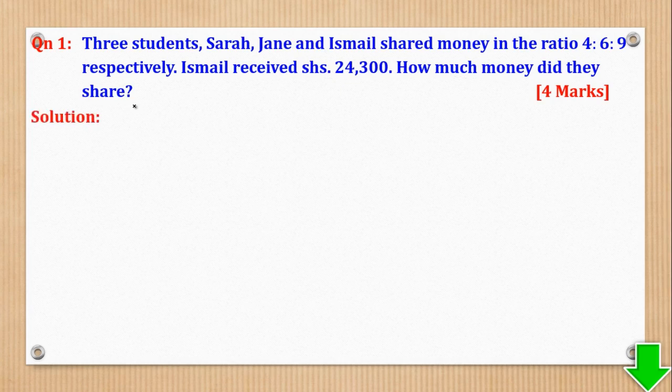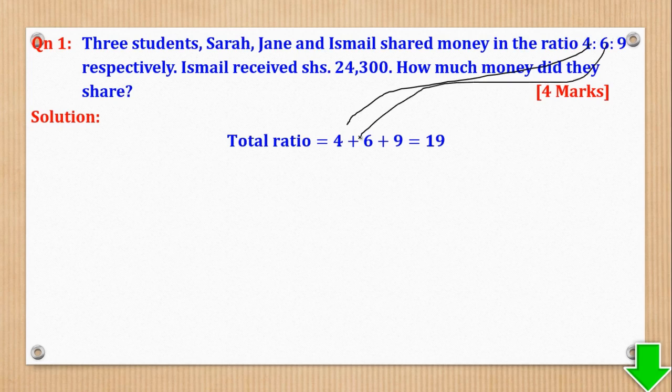So for questions on ratios which involve sharing, the first thing to do is to get the total ratio. So I'll add 4 plus 6 plus 9. It gives me 19. Then I'll ask myself, what fraction did Ismail receive?